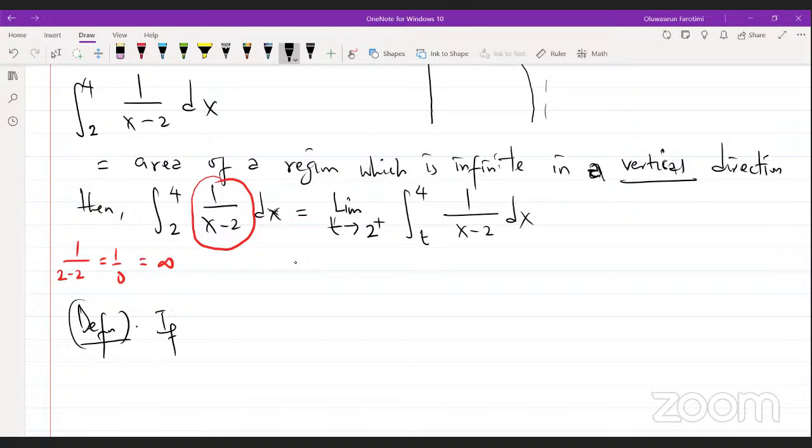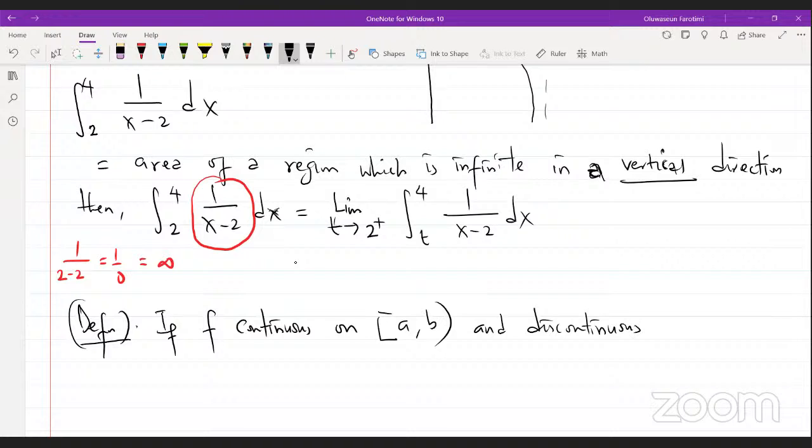Now, if we have a function f, if this function is continuous on an interval a comma b, open at one end, closed at the other end, and actually discontinuous at b, okay, then the integral from a to b of f of x dx is going to be equal to... now what do we know, guys?